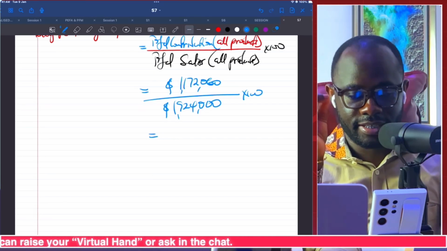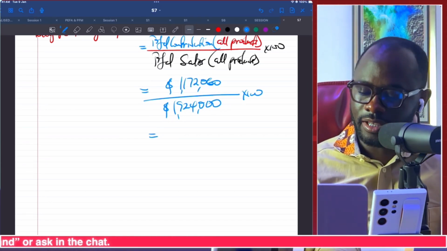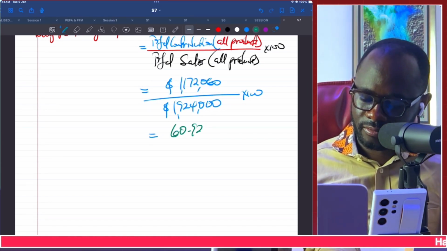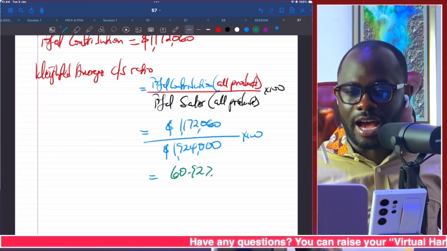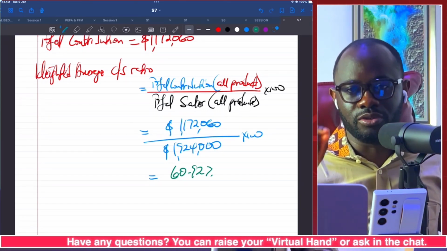And I'm getting 60.92%. So that is how we calculate weighted average contribution to sales ratio.